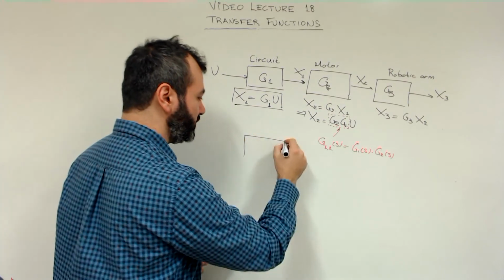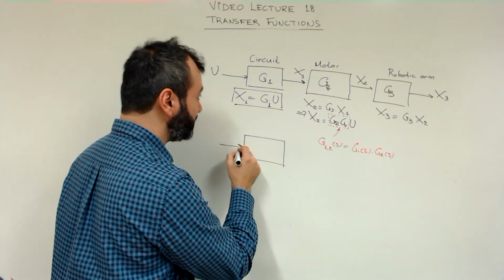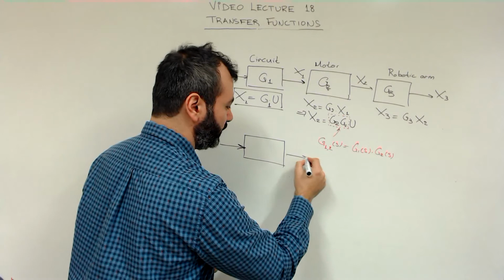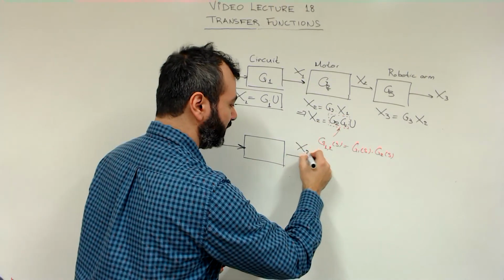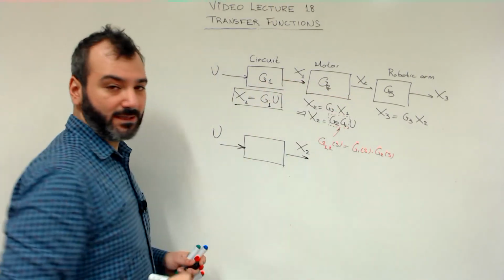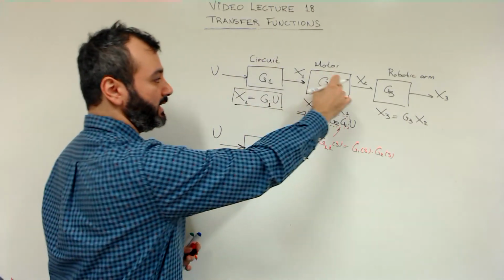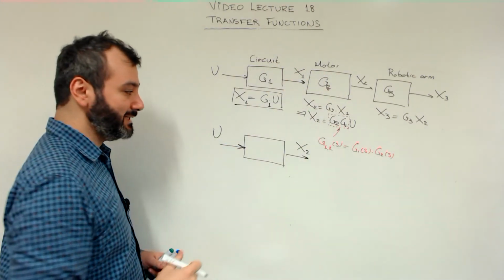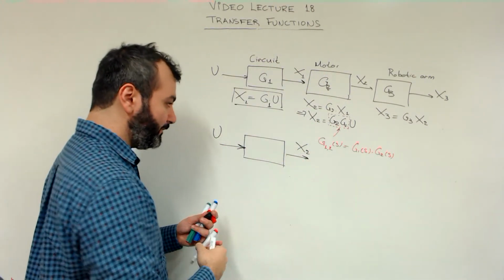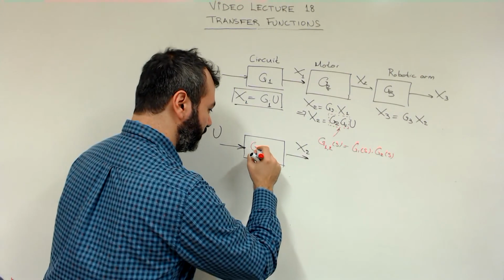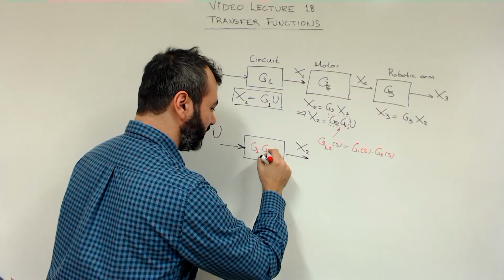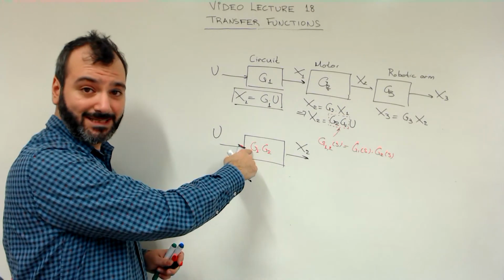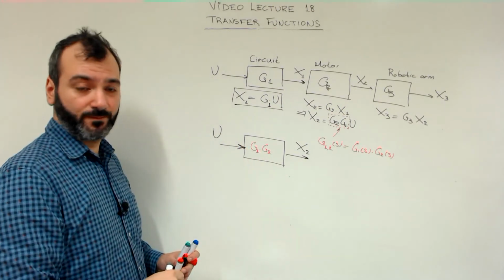If we want to see what happens as we change U, what is the output X2 of that dynamical system that comprises two individual dynamical systems, then the overall transfer function is precisely G1 times G2.